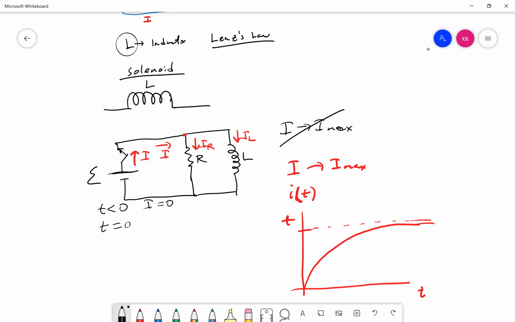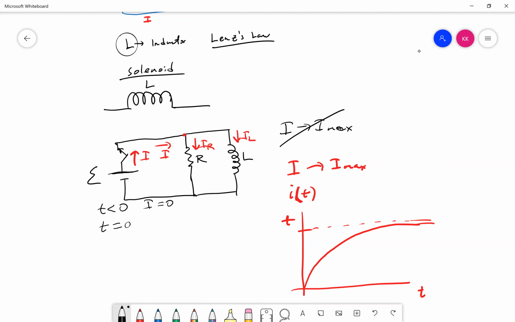Okay. So once we close the switch, the current in the resistor is 0, the current in the circuit is 0, and the current in the inductor is also 0. Then, as soon as we close the switch, the current from the battery is provided to the circuit, but the inductor right away starts resisting that.